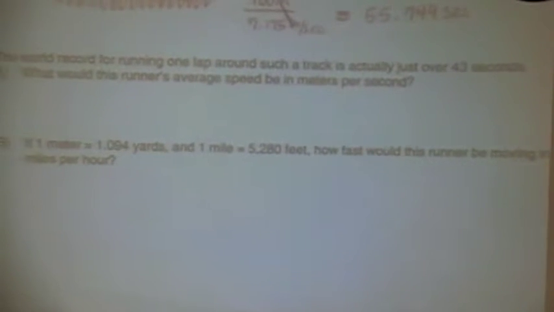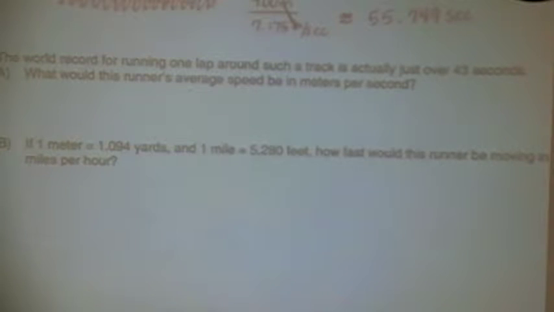The world record for running 1 lap around a track is actually just over 43 seconds. That is really fast. What would this runner's average speed be in meters per second?